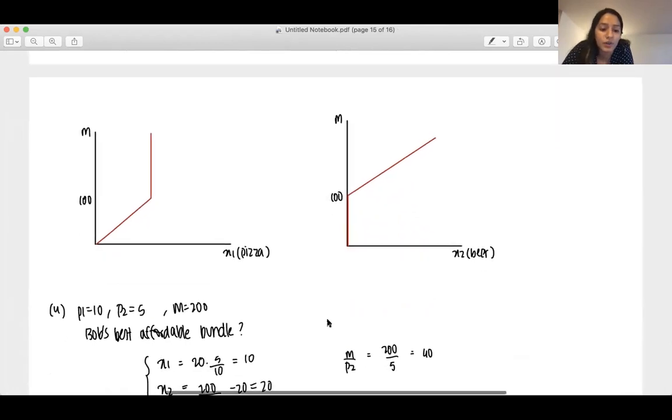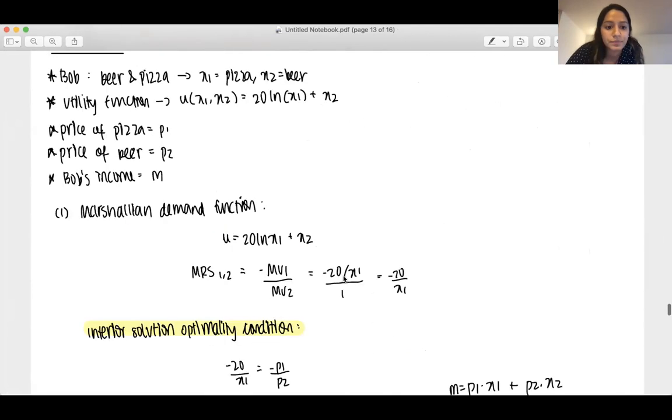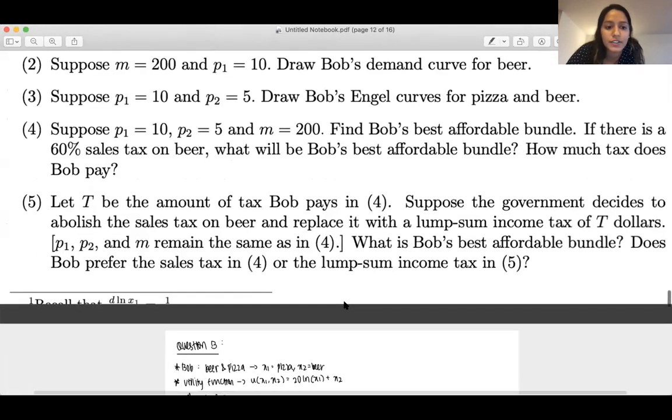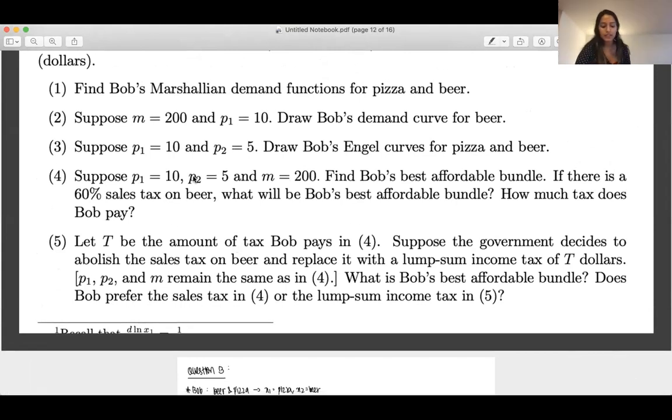Now, the fourth question actually has a lot of parts, so I'm going to go back so I can talk you guys through it. Suppose P1 is equal to 10, P2 is equal to 5, and M, the income, is equal to 200. Here, they ask us to find Bob's best affordable bundle.